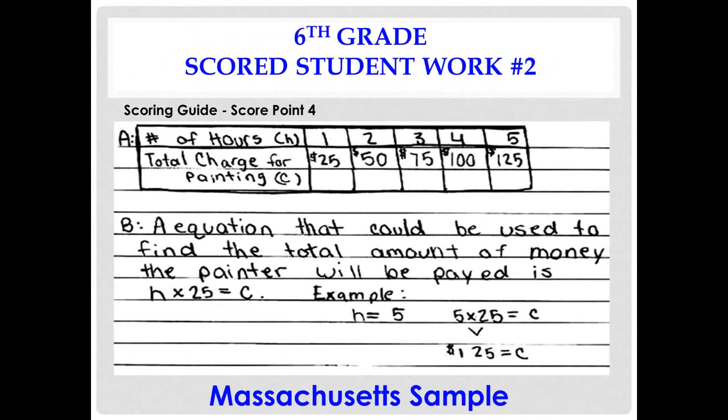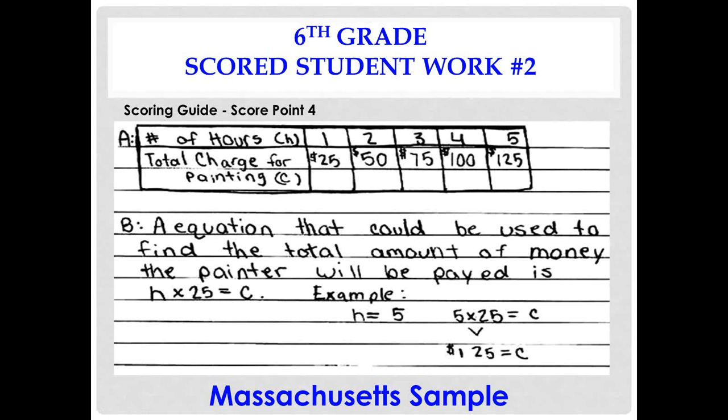This is another student that scored 4 points out of 4 for this extended response. They created the same type of table as the previous student and came out with the same set of answers: 1 hour, $25, 2 hours, $50, 3 hours, $75, and so forth.